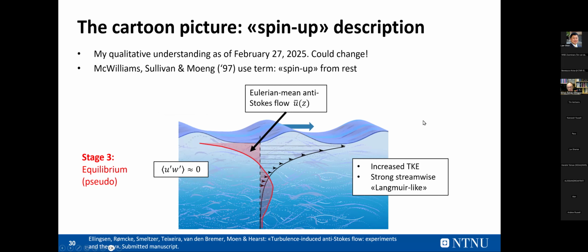And after a while, a new equilibrium state is reached, a steady state, where this anti-Stokes flow has been set up. Now, it's not really equilibrium, it's pseudo-equilibrium, because clearly the energy is going to dissipate and needs to be replenished. But it's a kind of happy marriage now between waves and turbulence.